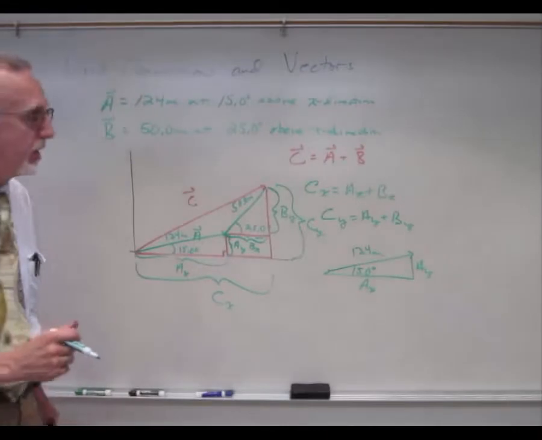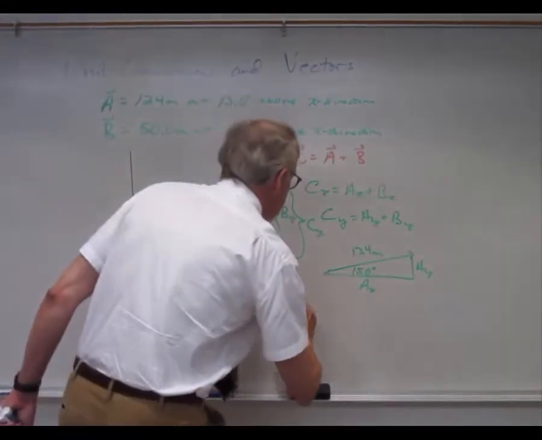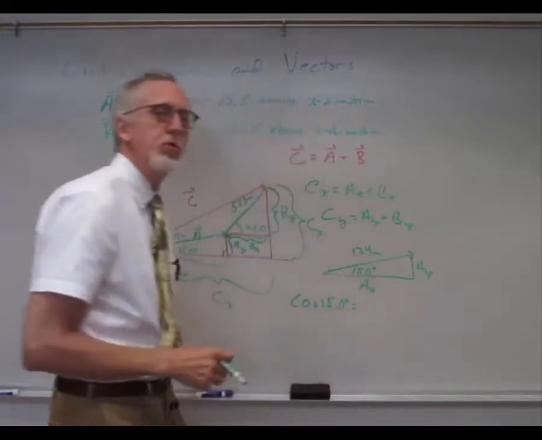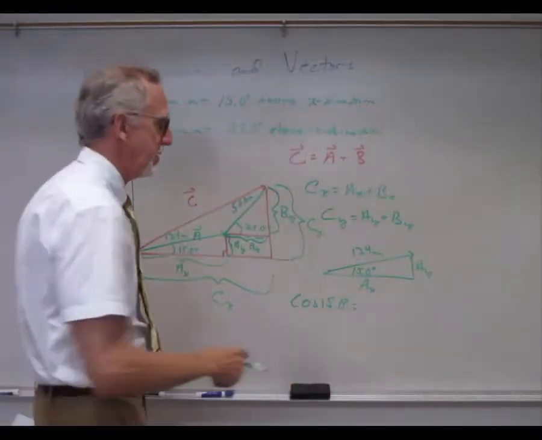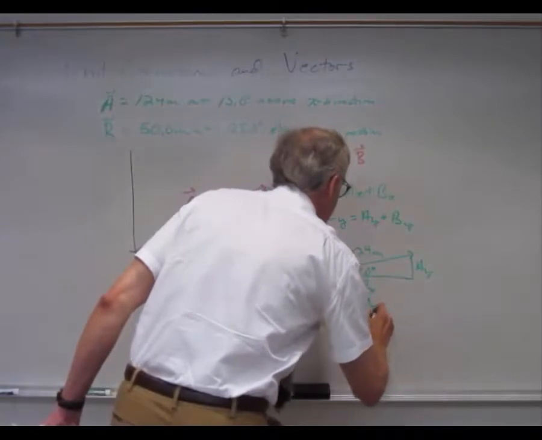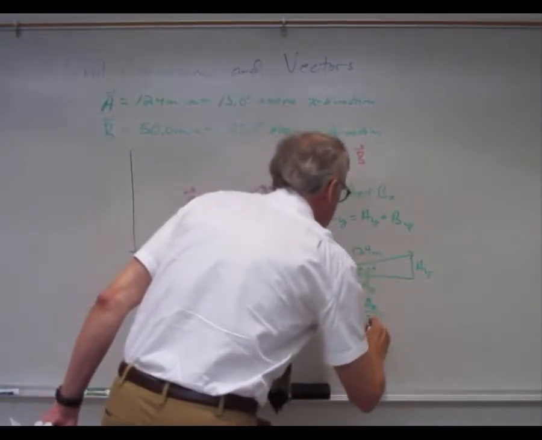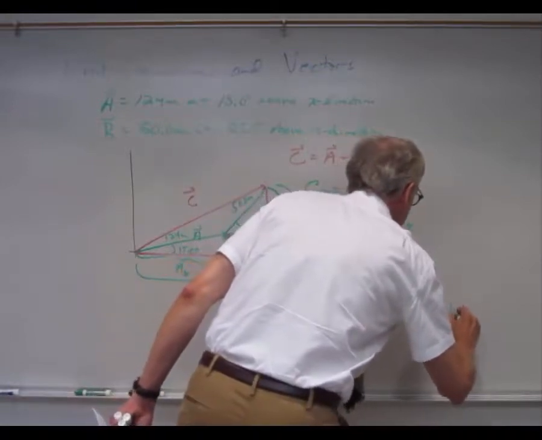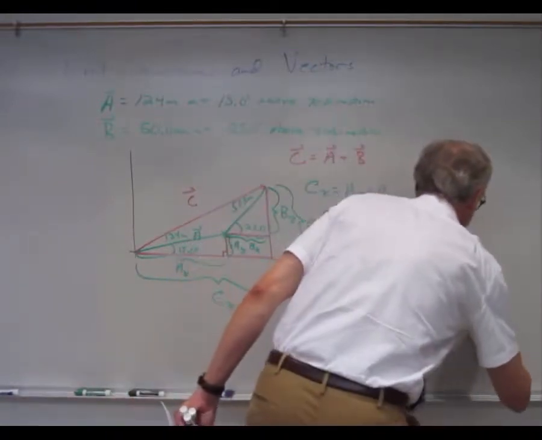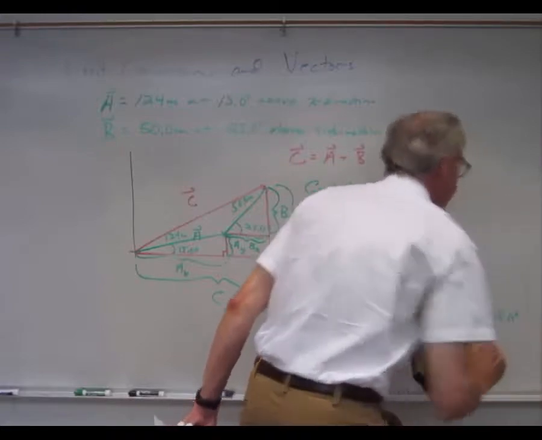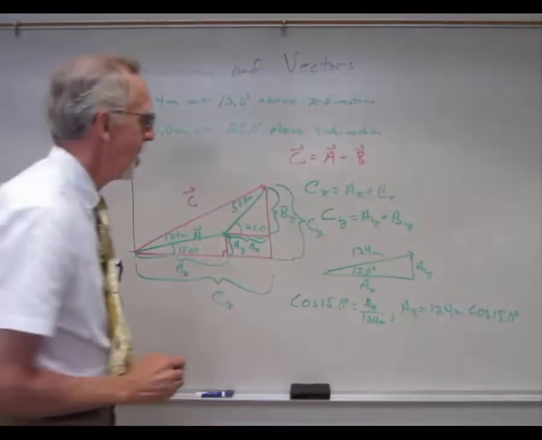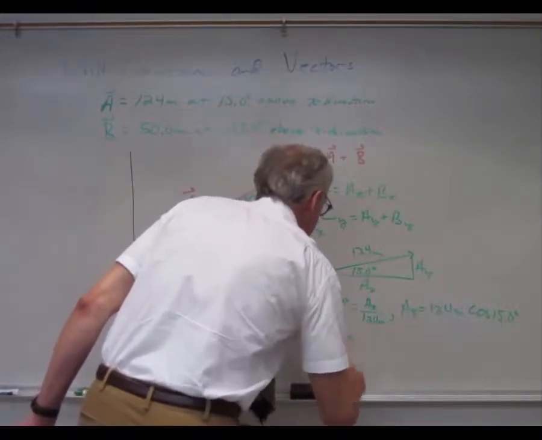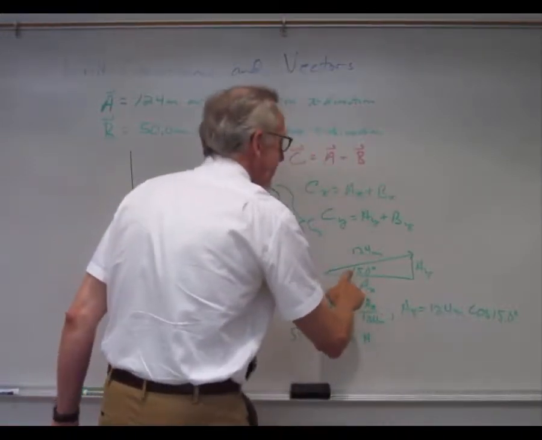Well, from trigonometry, again, we know that the cosine of 15 degrees is equal to the adjacent side over the hypotenuse. In other words, A sub x over 124 meters. So A sub x is 124 meters times the cosine of 15 degrees. While the sine of 15 degrees is equal to the opposite side.